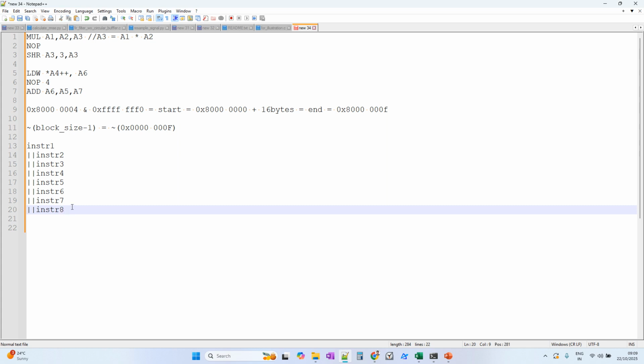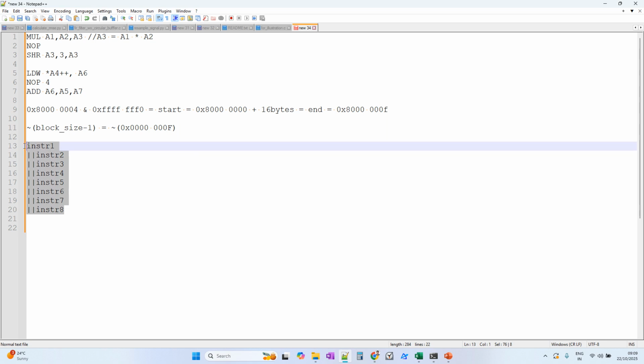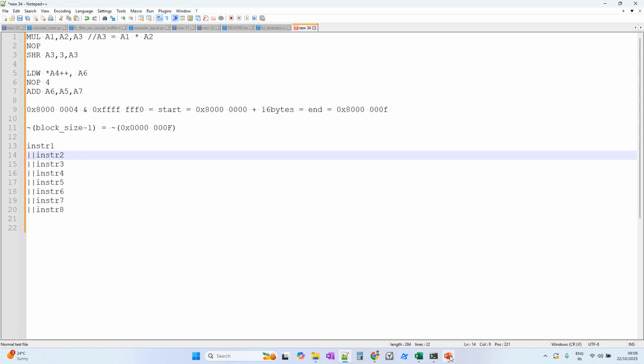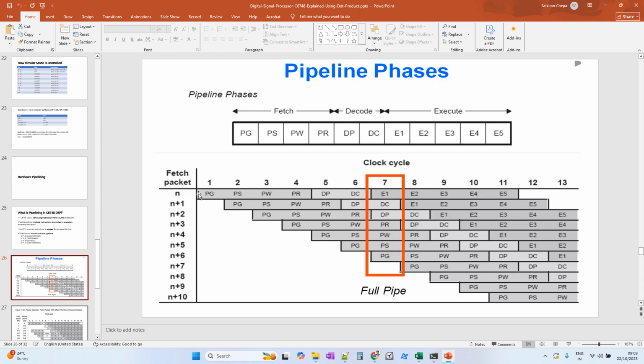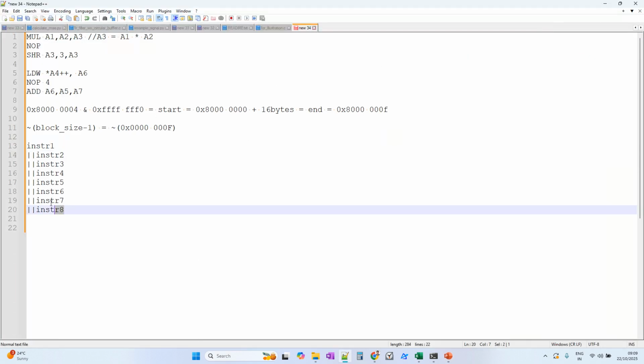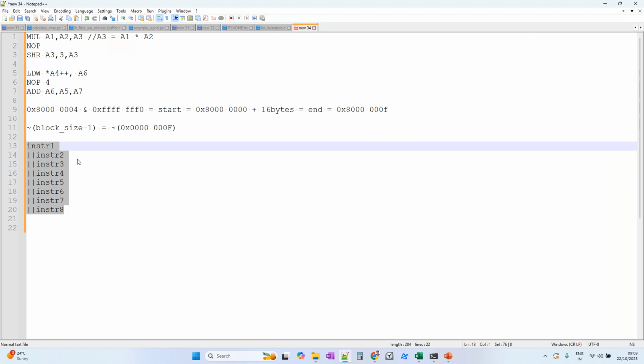So there is a fetch packet and execute packet concept. In this case, both the fetch packet and execute packet are the same. Here the fetch packet and execute packet both have 8 instructions, so all our instructions are parallel.